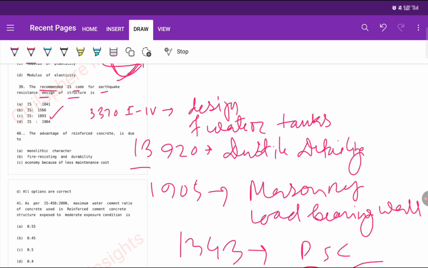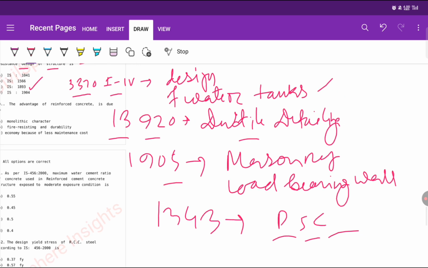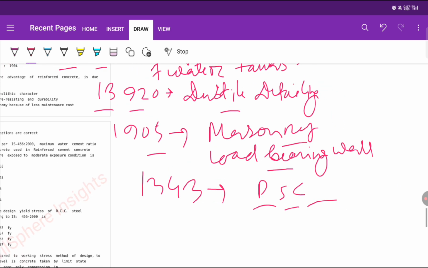IS 13920 ductile detailing, IS 3370 parts 1 to 4 design of water tanks, IS 1905 masonry wall or load bearing wall design, IS 1343 PSC.